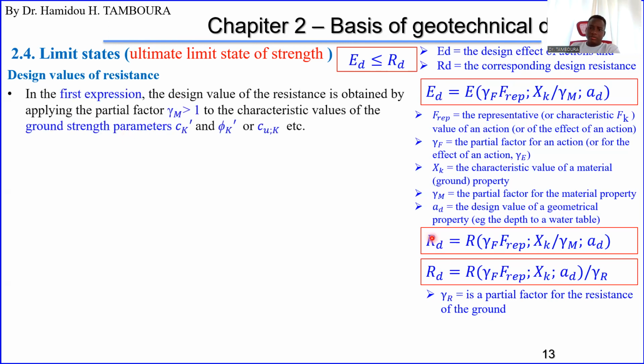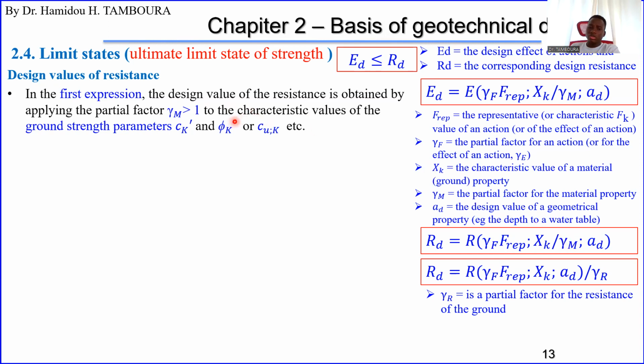So this first expression of the design resistance: in this expression, the design value of the resistance is obtained by multiplying by the partial factor. The gamma M should be higher than 1, to minimize the strength of the soil, just for safety.